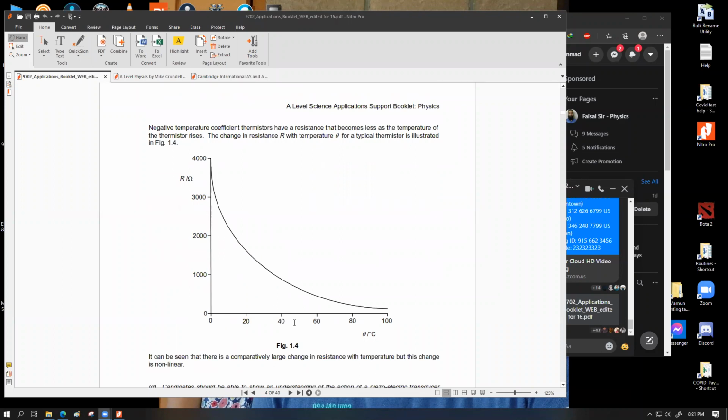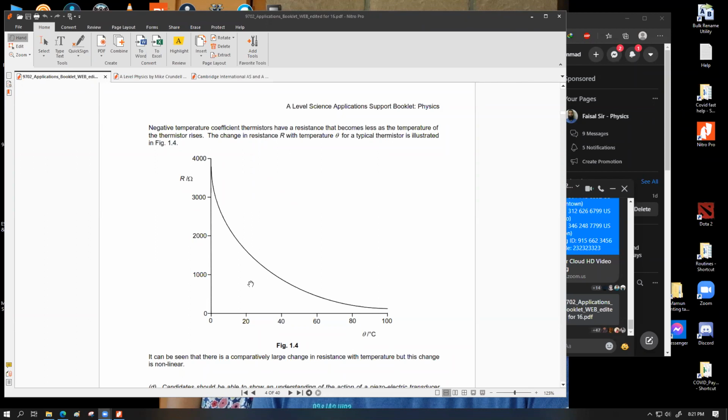You can see over here that this was for one particular thermistor. Every thermistor is not going to have the same graph. You can change the values of the different parts of the graph by controlling the constituent parts that make up the thermistor.